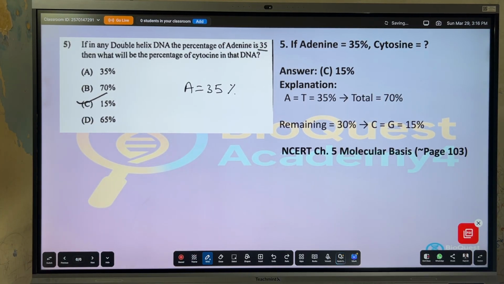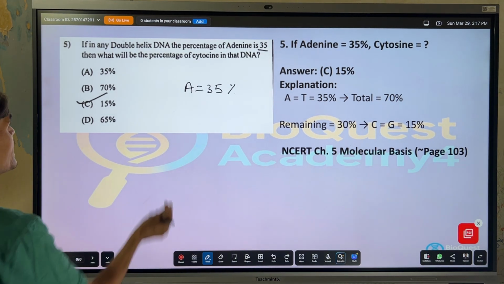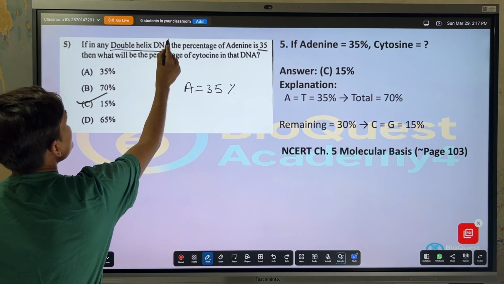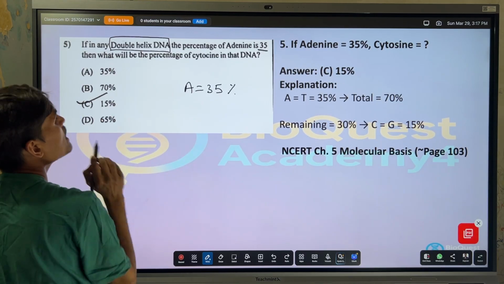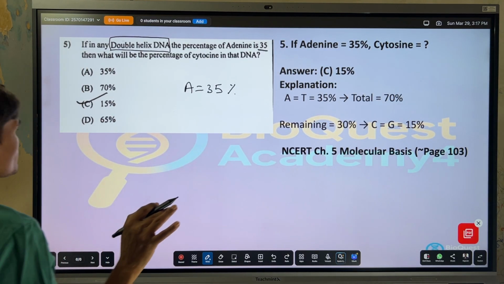Then what will be the percentage of cytosine in that DNA? Now the question is very easy, but before that you should know the basics behind the DNA. DNA is double helical.